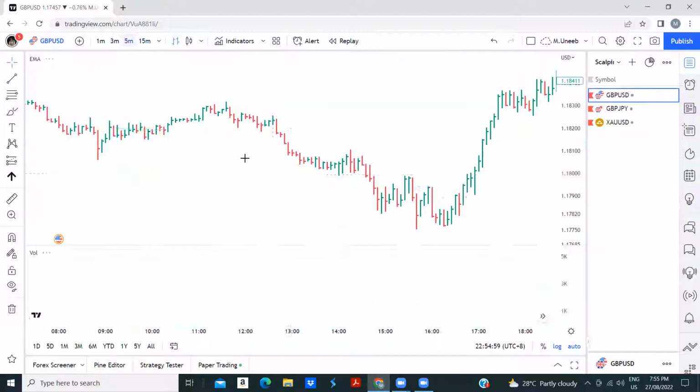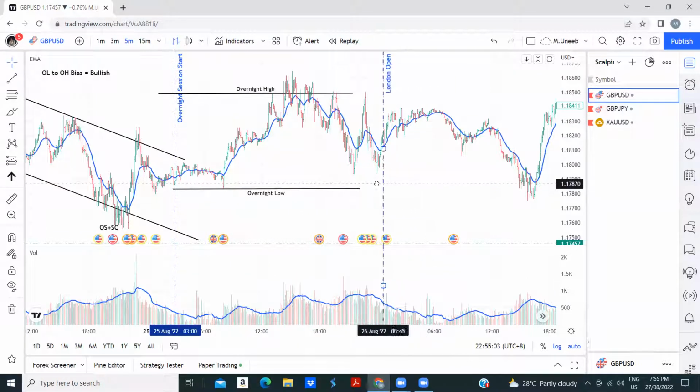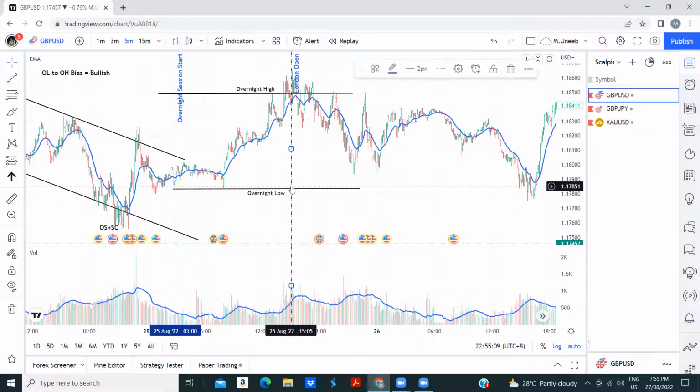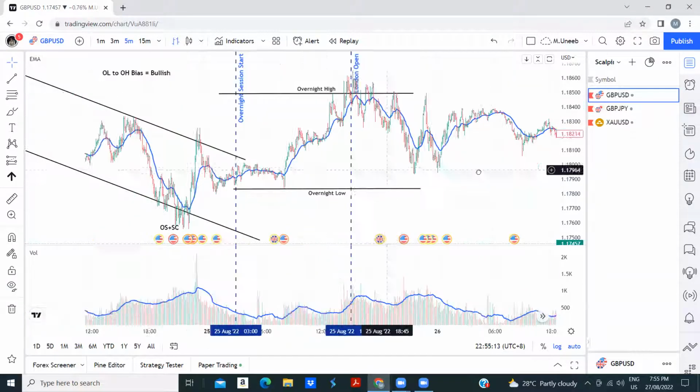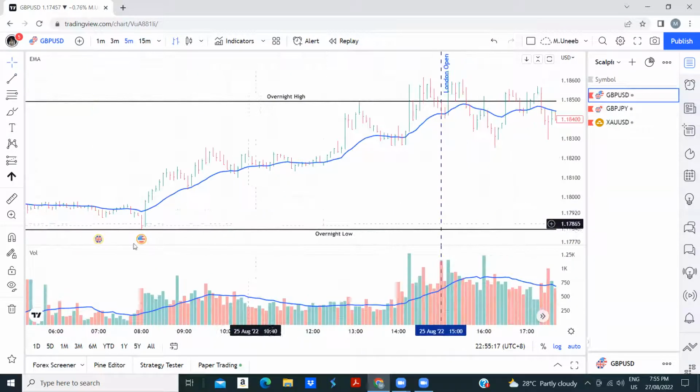Maybe we can refine it to the 5-minute time frame for much more accuracy here. Where is London Open? Here. Okay. Here, first low, second low, we can define from here.